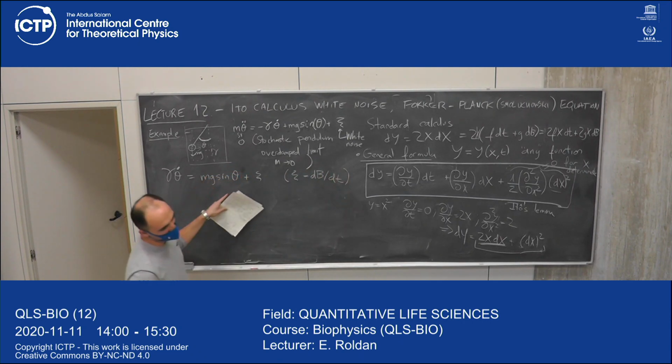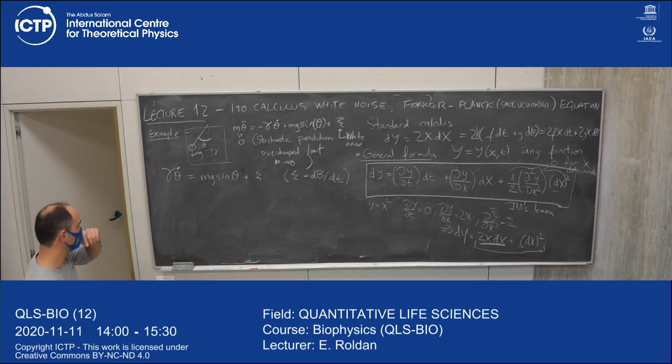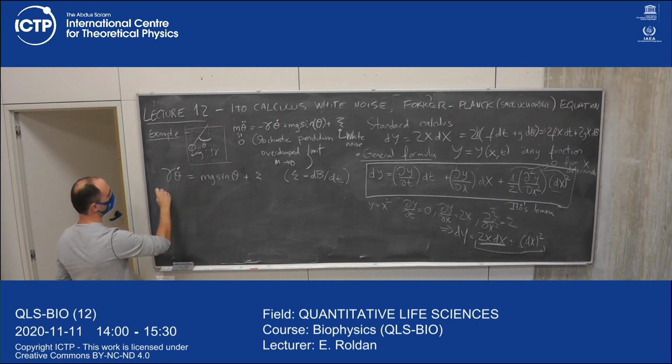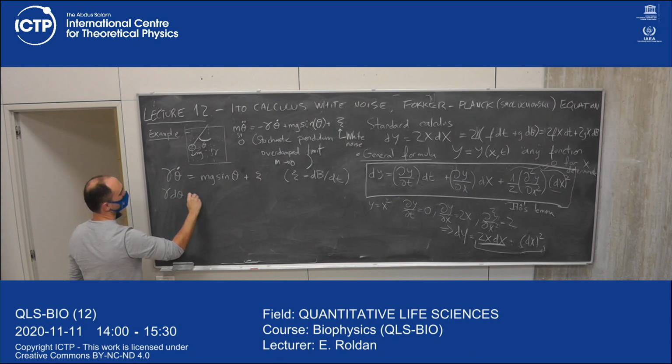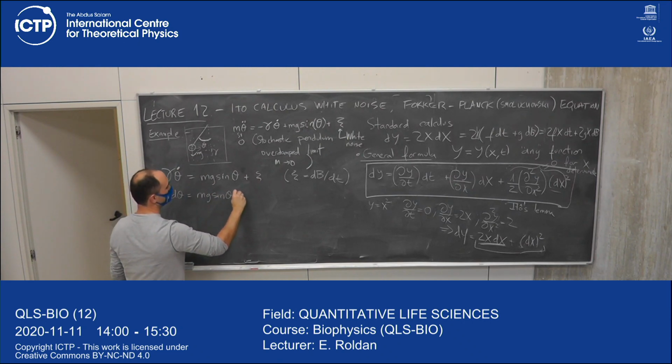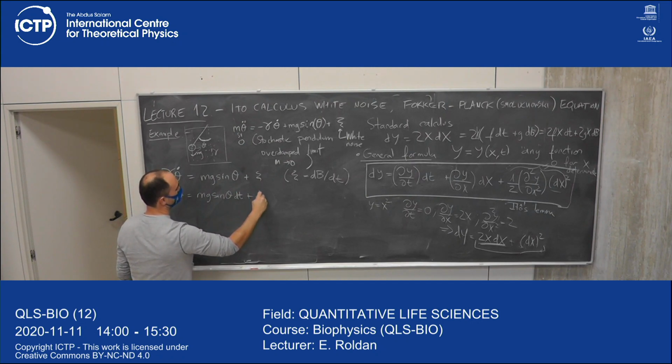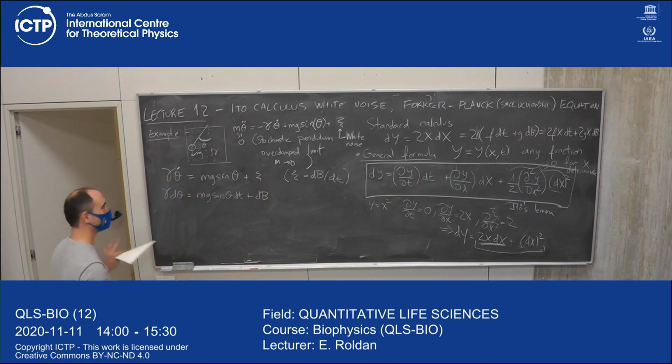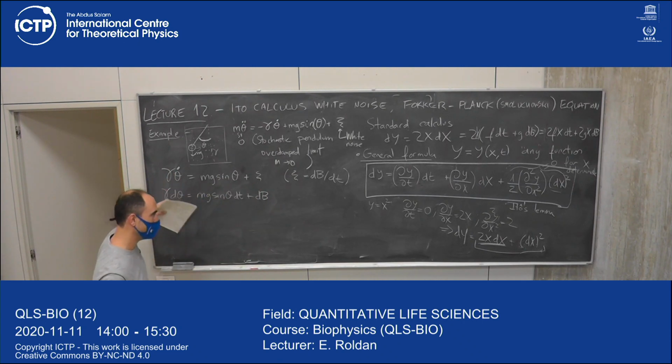When you see this type of equation, and I will explain this in more detail in a second, this has to be understood as d theta dt, so this is mg sin theta dt plus dB. This is dB dt, so when I put the dt on the right, it's dB.